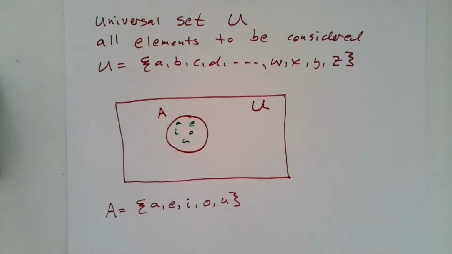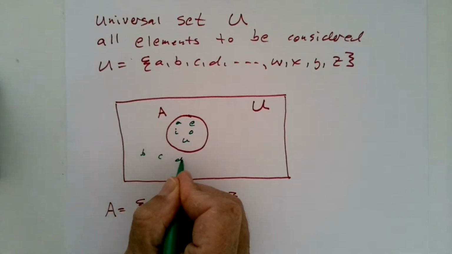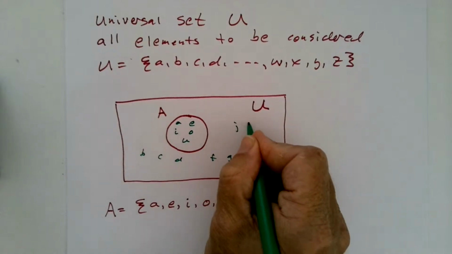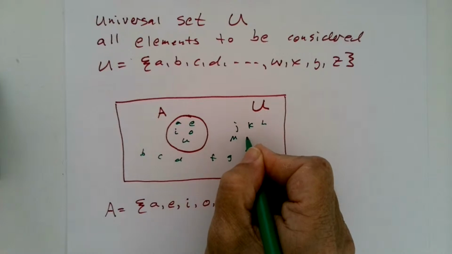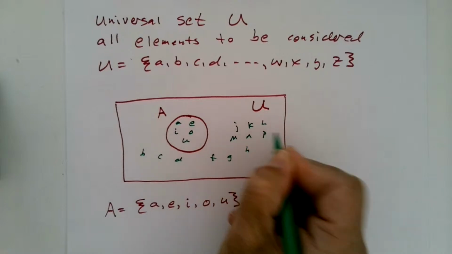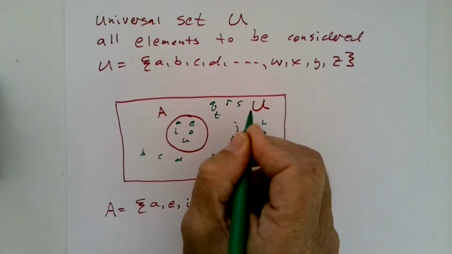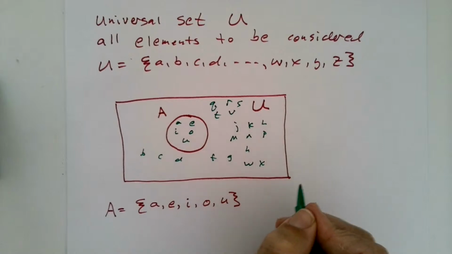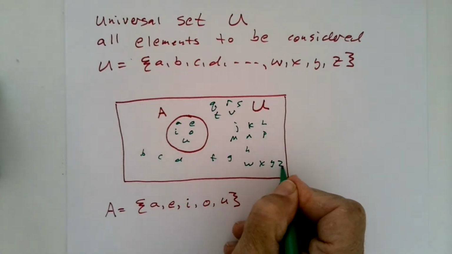Everything else that is not in A would be in U, would be outside of A in U. Things like B, C, D, not E, F, G, H, not I, J, K, L, M, and not O, P, Q, R, S, T, not U, V, W, X, Y. Well, I didn't put Y in the vowel category, so I'll leave it in the consonant category.